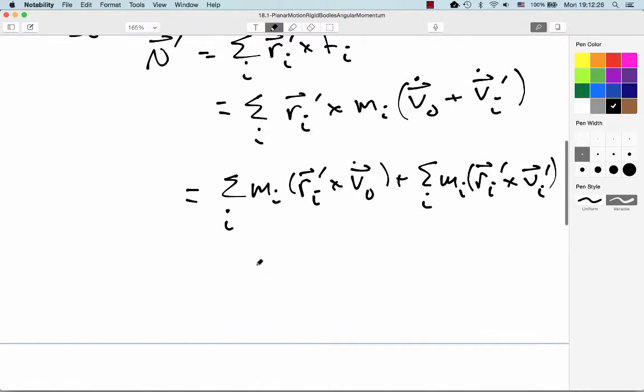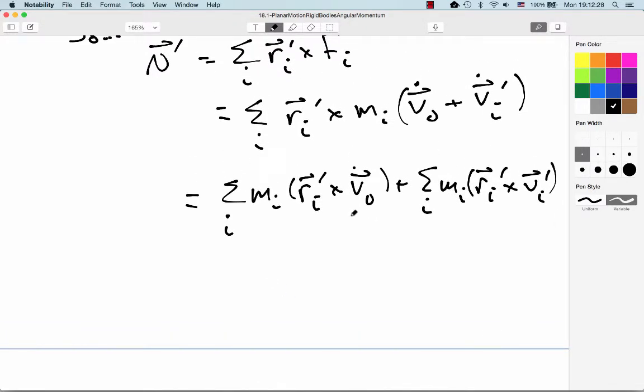Now here we're going to take the identity that if we exchange the terms in a cross product, if we anti-commute the terms, we're going to pick up a minus sign. So this will be minus V naught dot crossed with the sum over i of mi Ri prime.